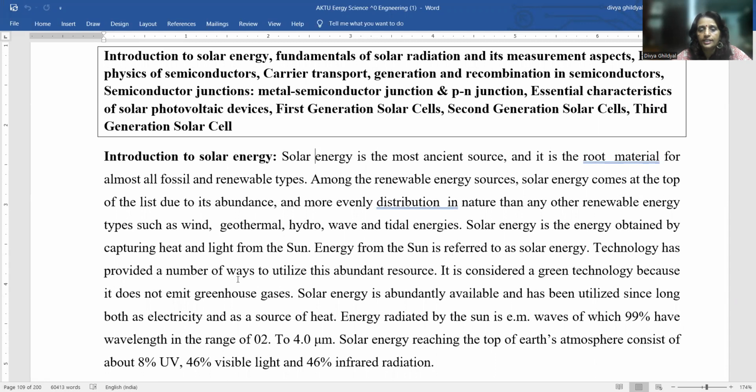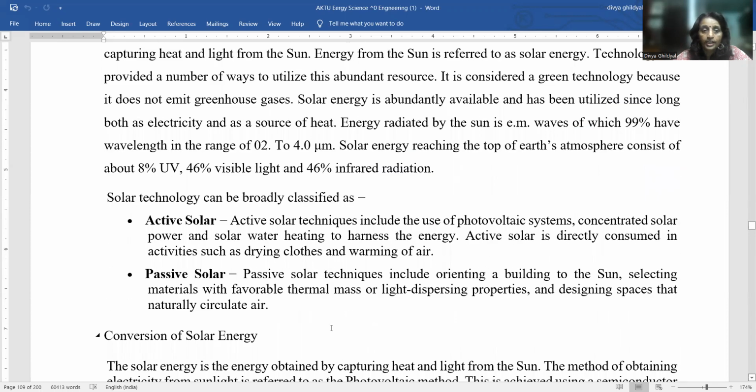Technology has provided a number of ways to utilize this trapped energy, and especially green technology, green building architecture, etc. are all based on solar energy. Solar energy is abundantly available, and it has been utilized both as a source of electricity and as a source of heating.